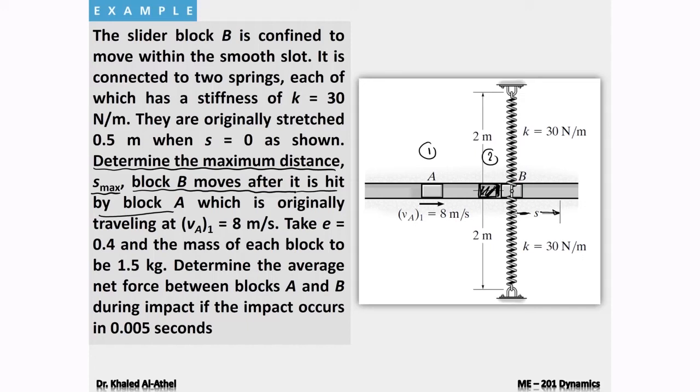Now, the theory that covers velocity with forces and distance is either principle of work and energy or conservation of energy. So we're going to apply conservation of energy between point 2, where B will start moving, until when it reaches s max, and we're going to call this 3. Okay, so let's start with this.